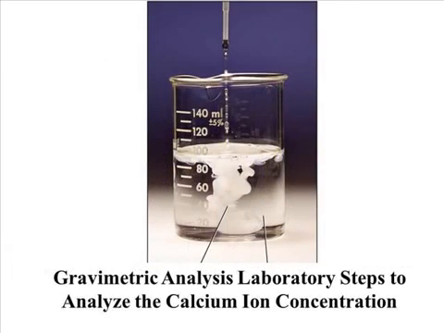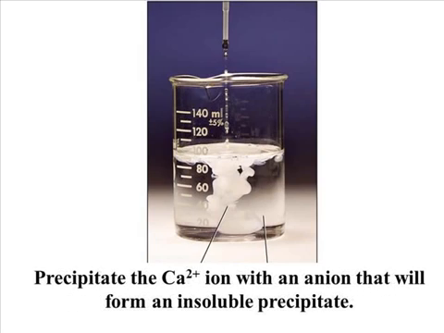Again, a gravimetric analysis to analyze the calcium ion concentration would involve first dissolving the calcium ion out of the substance that it is in and then precipitating it. We must make sure that we form an insoluble calcium precipitate.